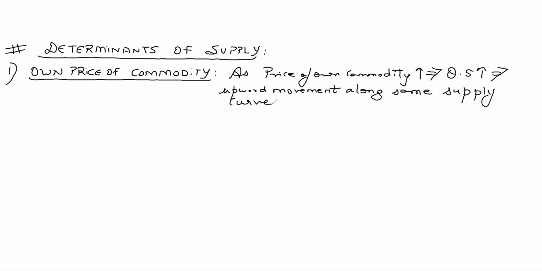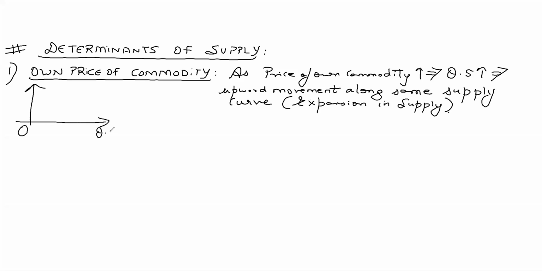It will lead to upward movement along the same supply curve, also called expansion in supply. If I draw a diagram, it's going to look like this: quantity supplied, price, supply curve. When price goes up, supply also goes up. From OP to OP1, supply goes up from Q to Q1. This is called expansion in supply.